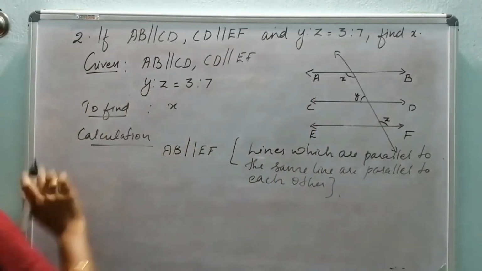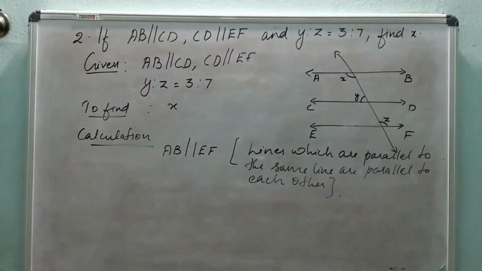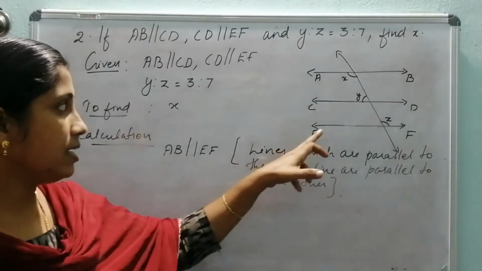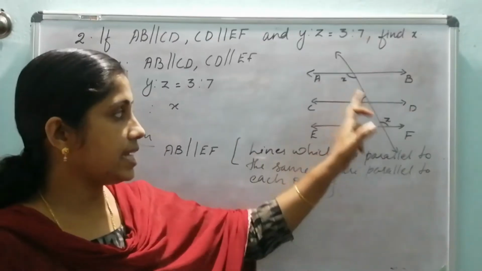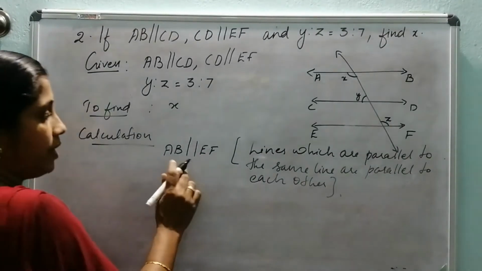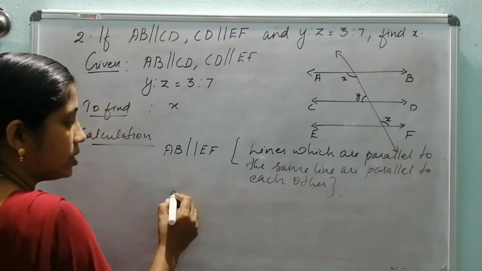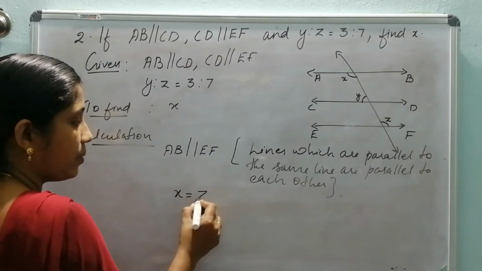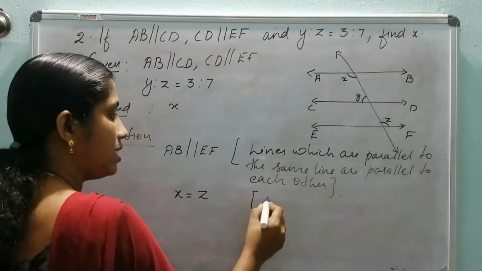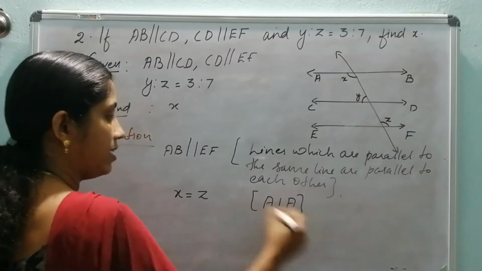AB parallel to CD, CD parallel to EF, so AB is parallel to EF. Since AB is parallel to EF, what can we say about x and z? These x and z are alternate interior angles. As we know, if the lines are parallel, their alternate interior angles are equal. Therefore, x is equal to z. Write down the reason there: alternate interior angles.